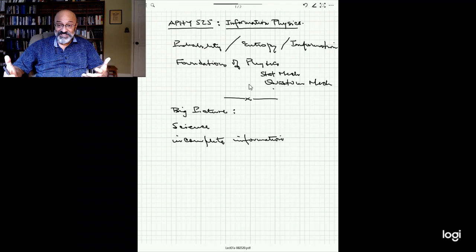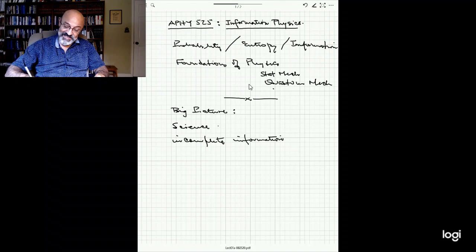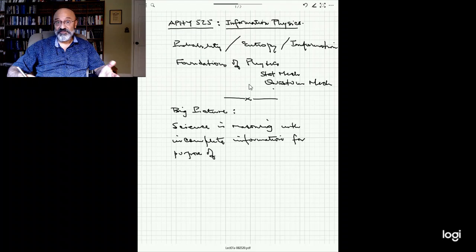But what is it that we want to do? What we want is to process reasoning with incomplete information for the purpose of, well, what do you do when you do science? Prediction.